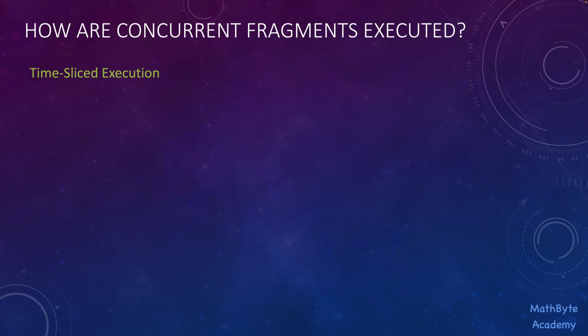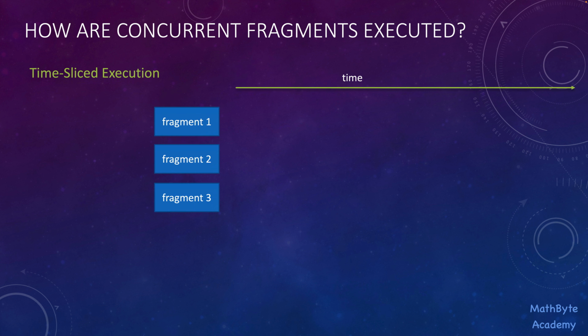Another way of doing it is using this time-sliced execution. So again, we have those 3 fragments, 1, 2, and 3, and we have our time scale. So what happens is that we can actually run this on a single CPU. We do not need multiple CPUs for this. And the way it works is that fragment 1 is going to execute for a certain amount of time.